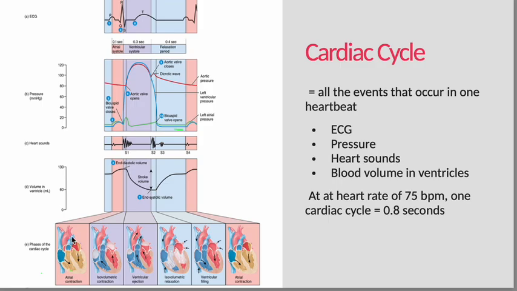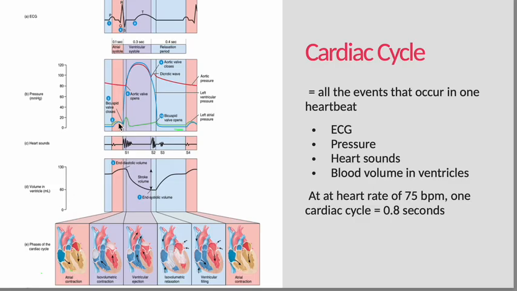As those atria contract, we are going to be able to see that the pressure in our atria is going to increase and it's going to send blood into the ventricle. So here we can see our volume in our ventricle increase, and we can see our pressure in our atria increase as well as the pressure in that ventricle.